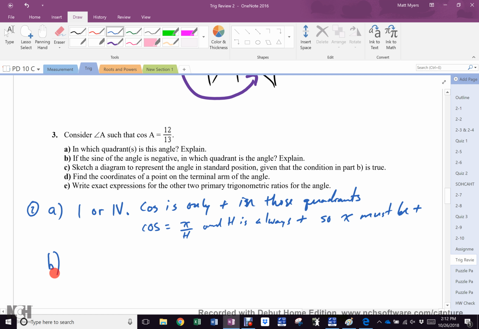B. If the sine is negative, where's the angle? No. 4. Why?